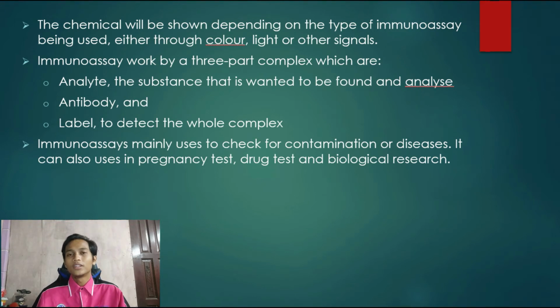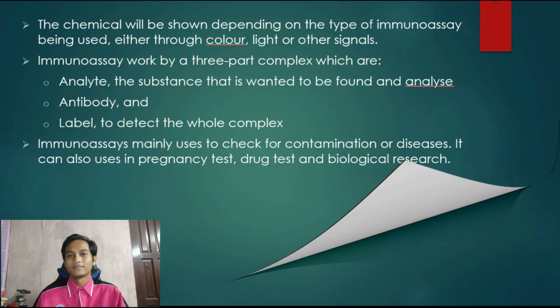The result of immunoassay will be shown depending on the type of immunoassay being used, either through color, light, or other signal. The main purpose of immunoassay is usually to check on contamination or a disease, but it can also be used in a pregnancy test, drug test, or biological research.